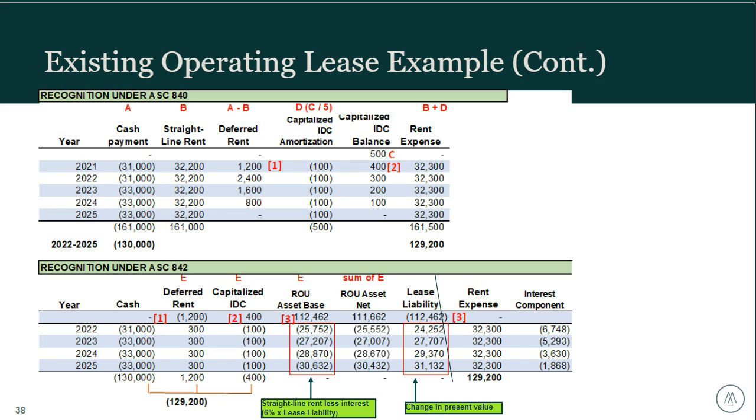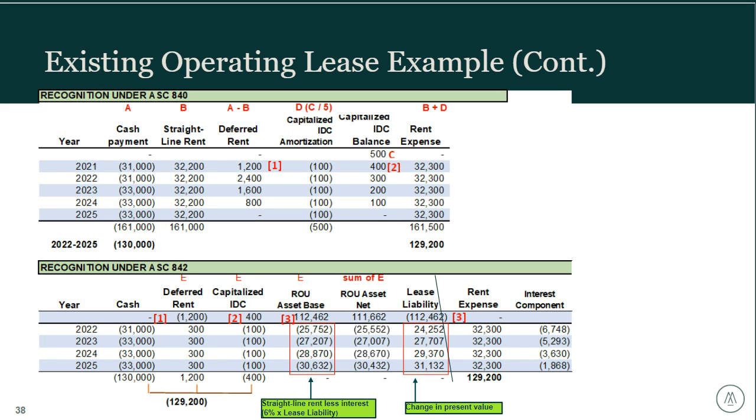I broke it out just because people get confused, and I did too when I first saw it, how exactly our ROU asset would not equal our lease liability on day 1. So that's how it's hidden. You can see within that ROU asset reduction, our deferred rent is getting amortized down to 0. Our rollover, if you will, as well as those capitalized indirect costs.